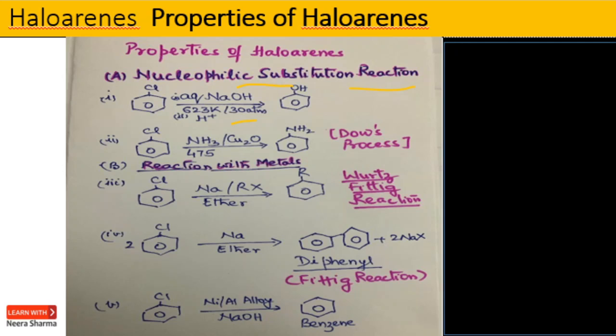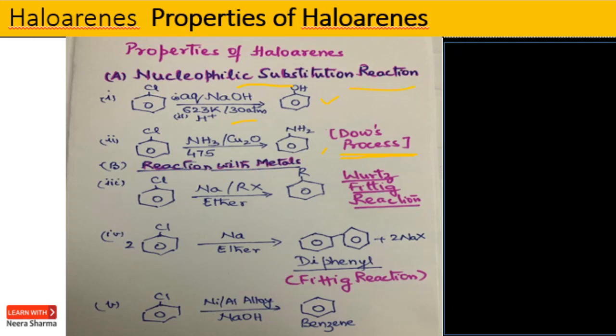Second, I treat it with an acid H+, I get C6H5OH, phenol. Similarly, if I have to get an amine, I treat with ammonia, Cu2O, 475 Kelvin, I'll get aniline, and this is called Dow's process.